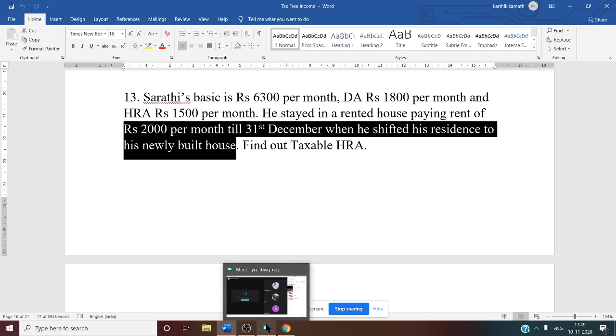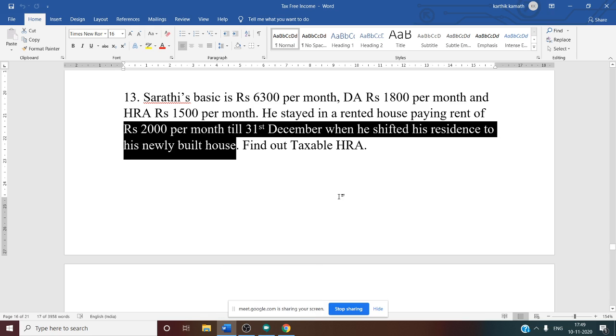So from January onwards he stays in his own house only. So what is the relevant period in this question? The relevant period is only till 31st December. Why? Because till 31st December he stays in the rented house, and after that he stays in his own house.